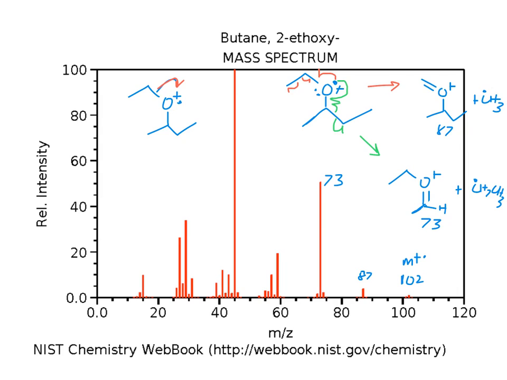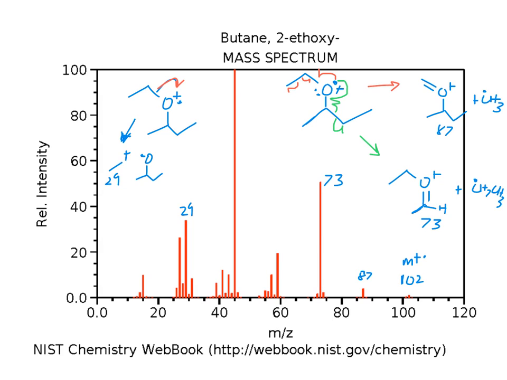Right, and that's just going to give us an ethyl cation plus the oxygen radical. So that would be at 29, which we might see right here.